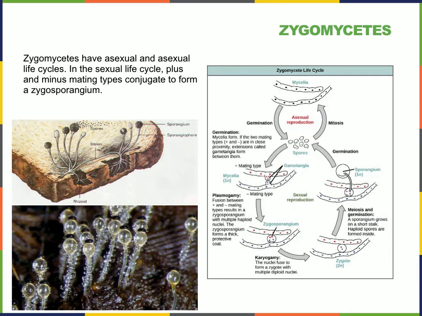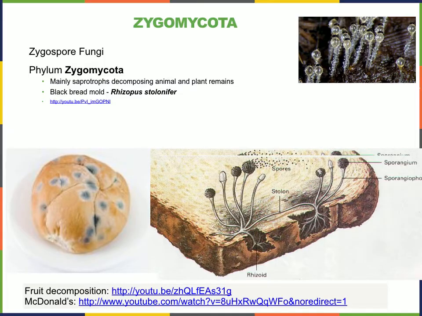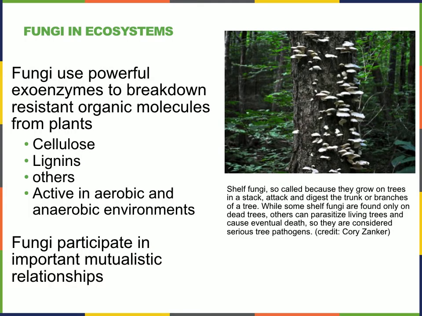By the time you see mold on the surface, what you're seeing are the fruiting bodies. So we've gone through sexual reproduction, and we see these sporangia or spore capsules grow on this stalk. And so that's it right there.